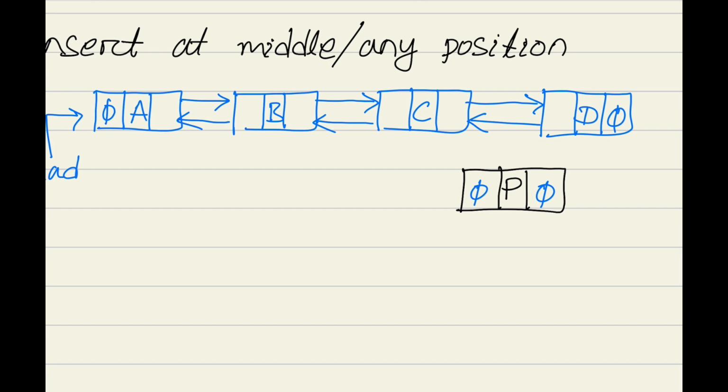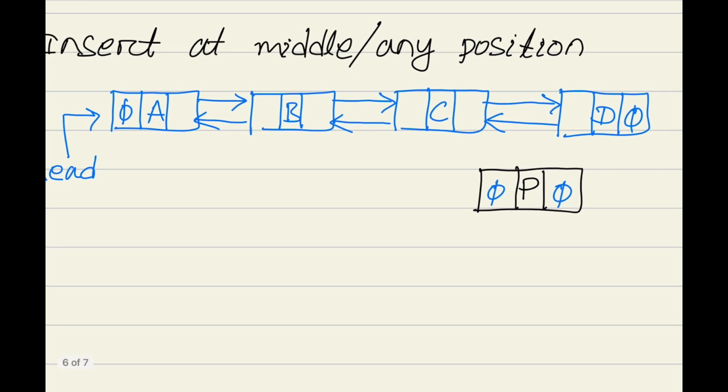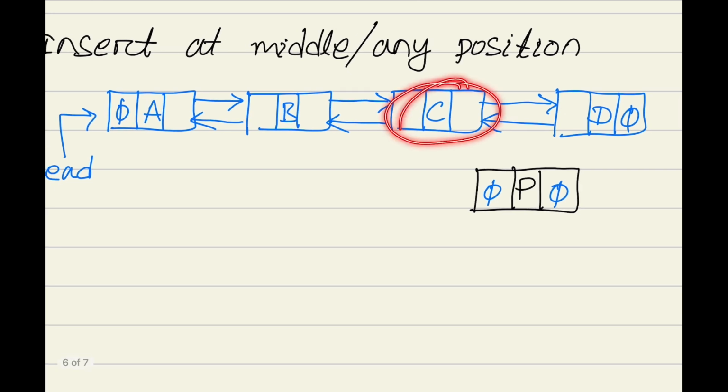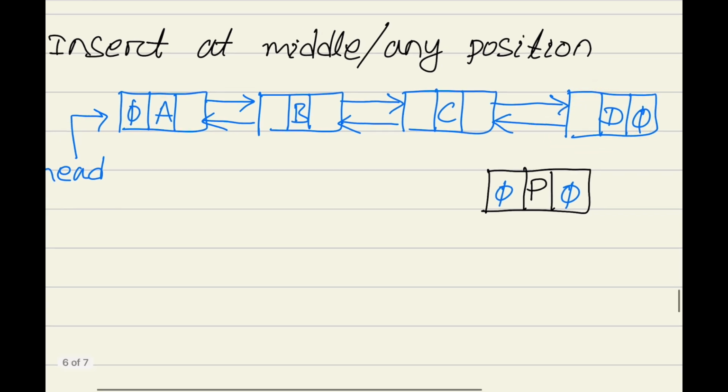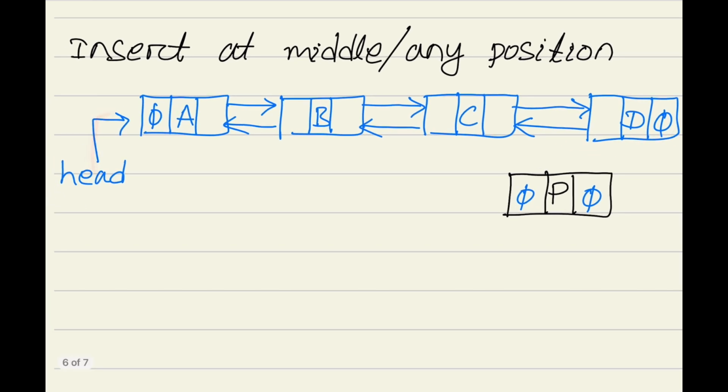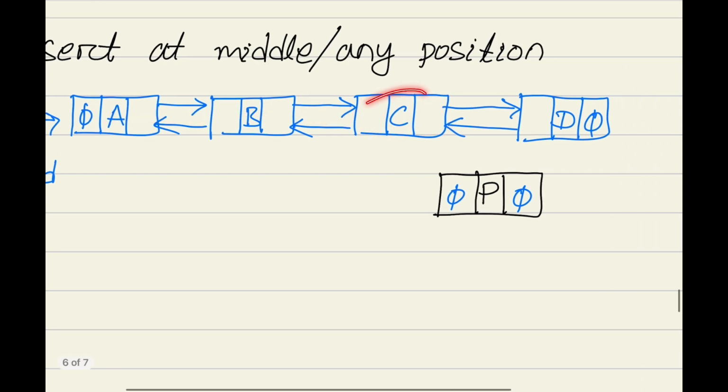Now we want to insert the node after C and before D. So first traverse from the beginning and reach C. We want to add the node P after C. So assume this one is the current.